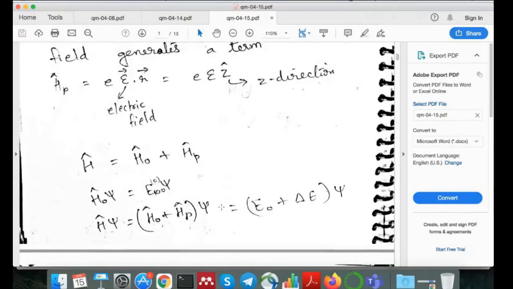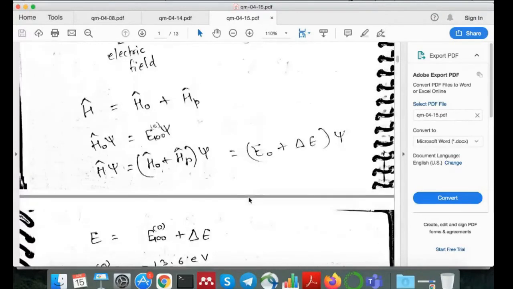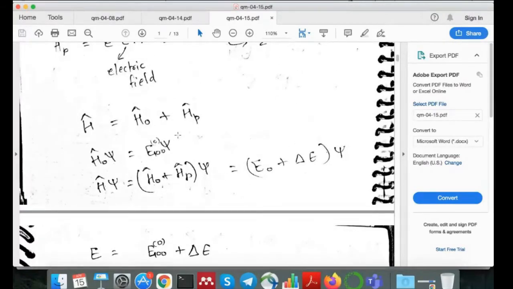We are not going to go into the details of the calculation, but suffice it to know that if you just apply H naught to the wave function, you are going to get E naught into psi. And if you apply H naught to the ground state wave function, what is the ground state of the hydrogen atom? The ground state of the hydrogen atom is the 1s state, because there is only one electron.